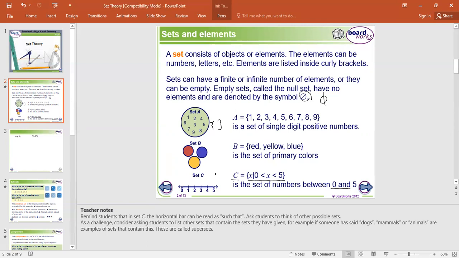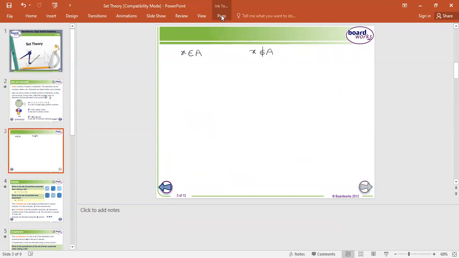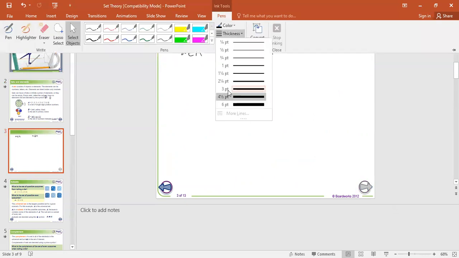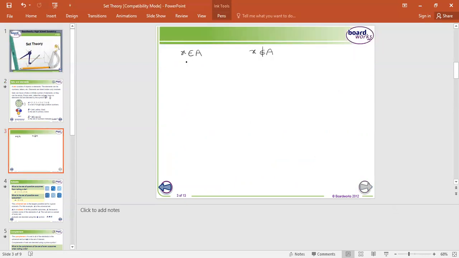For example, we can take set A equals x such that x is a number less than 101.